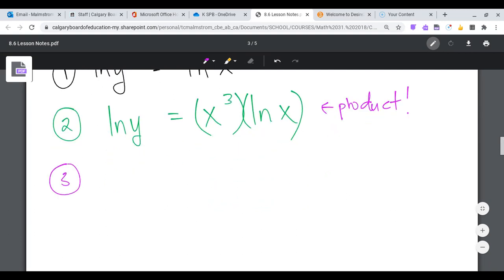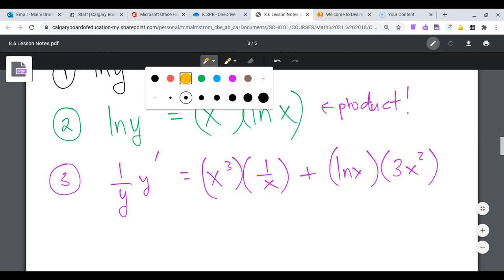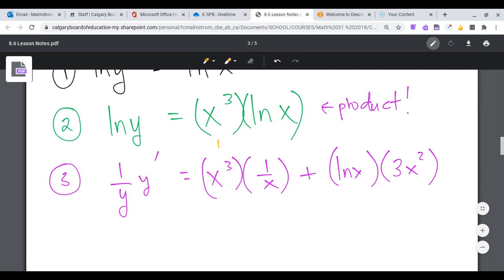Step 3, derivative of ln y is 1 on y times y prime is equal to. So here's our product rule, 1 d2 plus 2 d1. The derivative of ln x is 1 on x, so 1 d2 plus 2 d1. The product rule is so much fun.